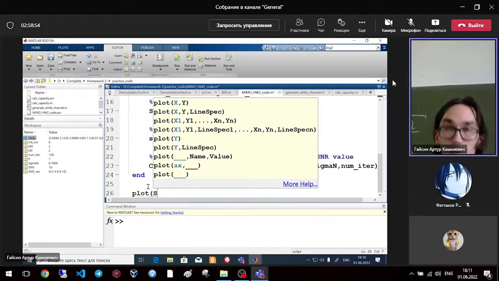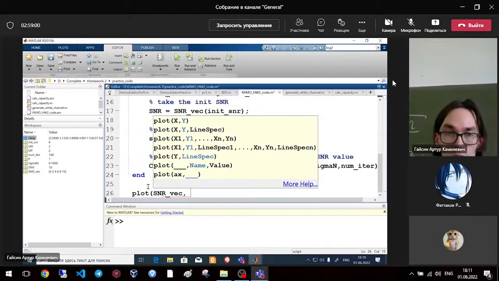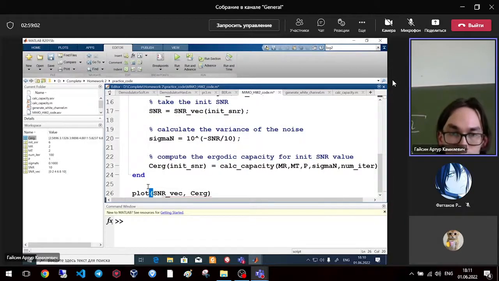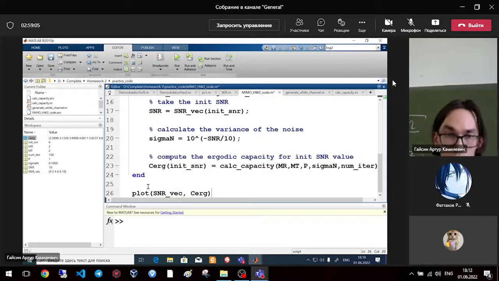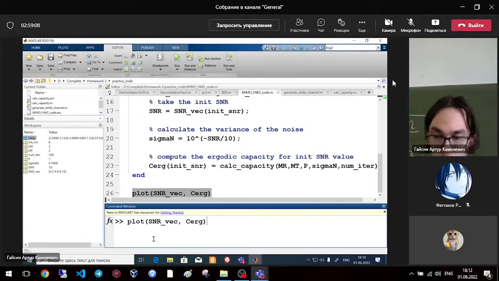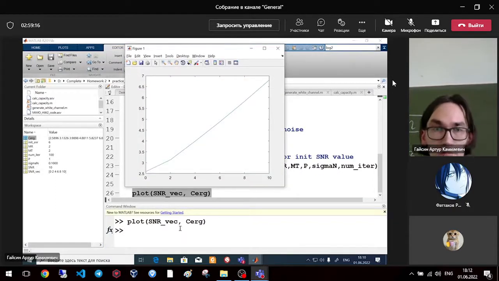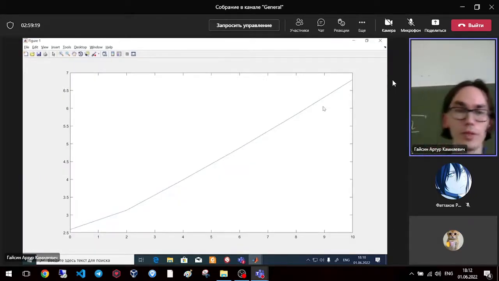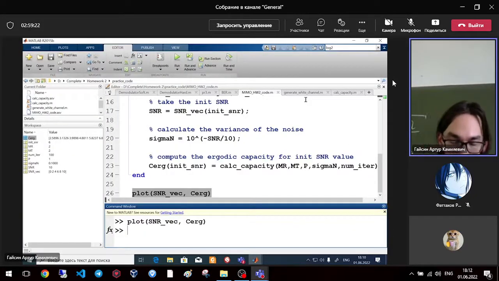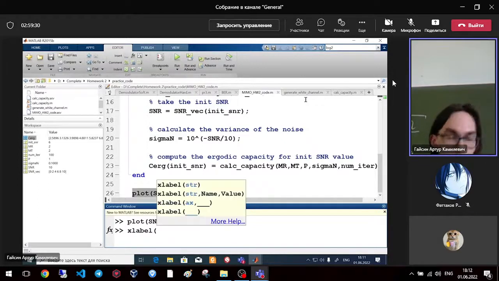So first, we should write the vector of signal to noise ratio, and then the ergodic capacity vector. And you can see, if we increase, maybe that's bad, that our X label, what we have, signal to noise ratio in decibels.